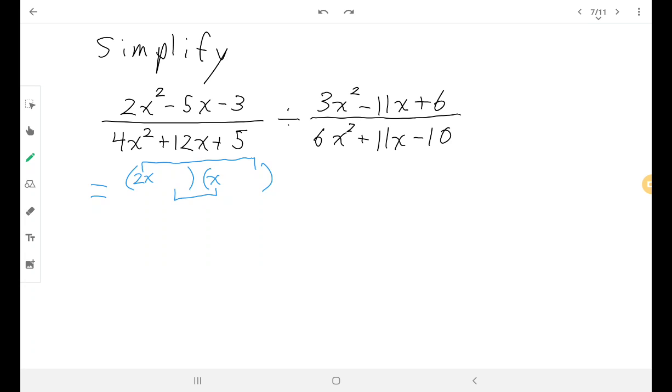So if I were to put the 1 here and the 3 here, I'd have 2x minus 3x, that'd be negative 1x. That's not 5. So let's try the other way. And of course, these might not always work either. But 2x times 3 is 6x. 1 times x is 1x. 6x minus 1x is 5x.